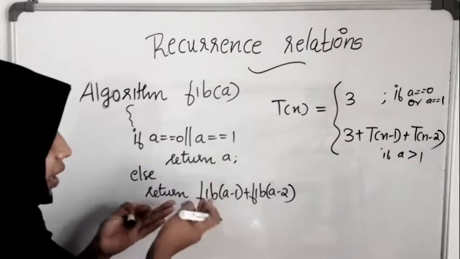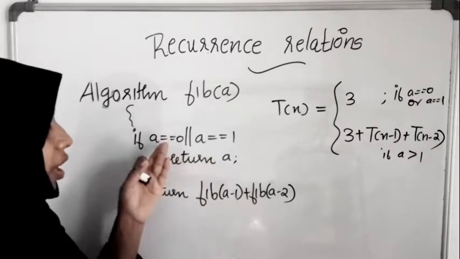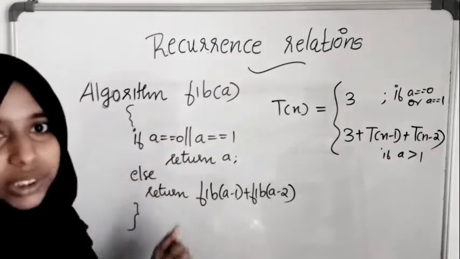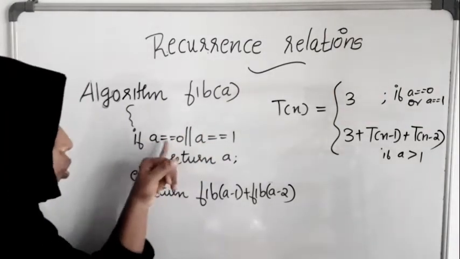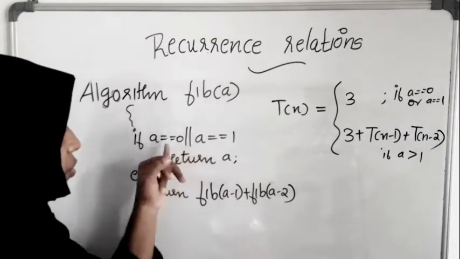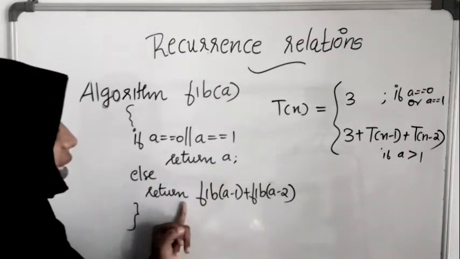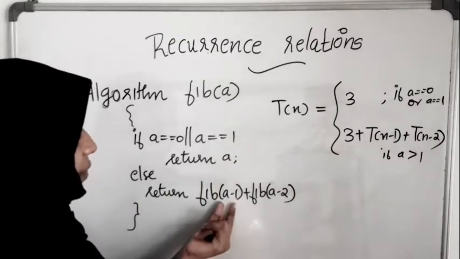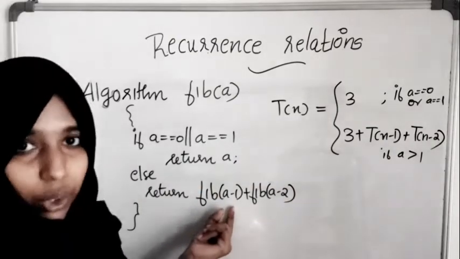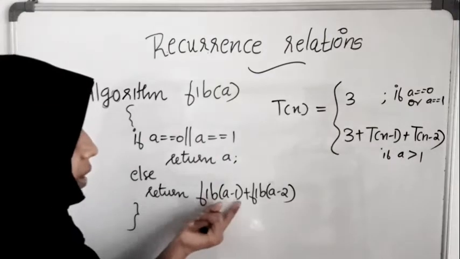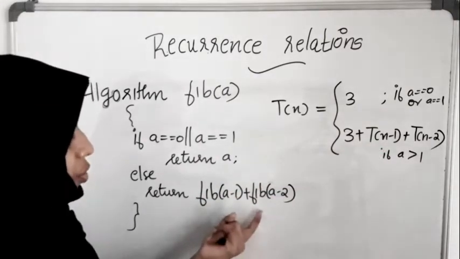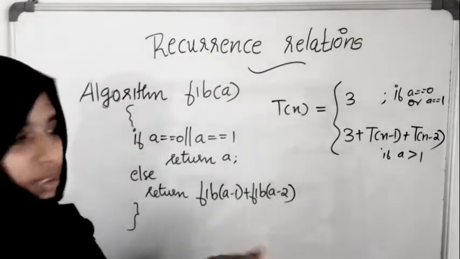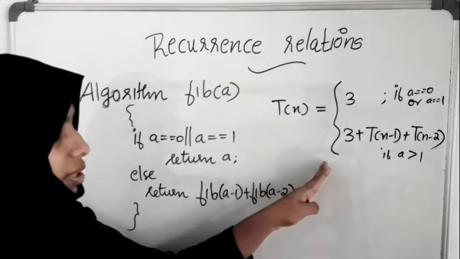So even if A is not 0 nor 1, you have to carry out these statements to ensure that A is neither 0 nor 1. Then the time required for execution of these 2 statements plus the time needed for return, that is our 3. Now to call fib of A minus 1, we are generalizing A to n. So to call fib of A minus 1, T of n minus 1 time. To call fib of n minus 2, T of n minus 2 time. So this is how we find out the recurrence relation for this one.